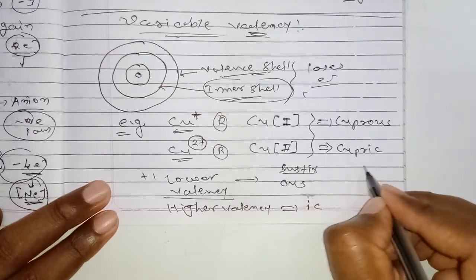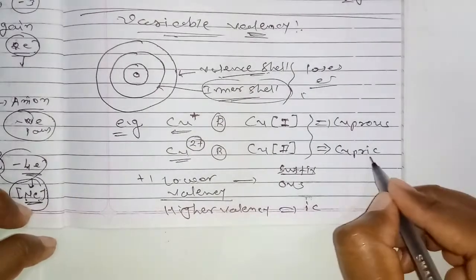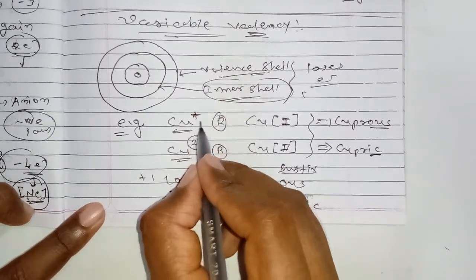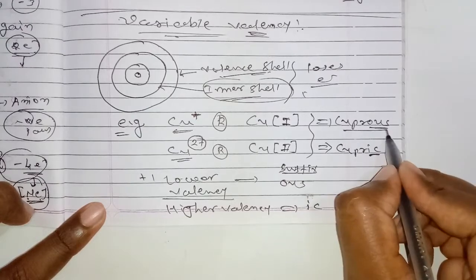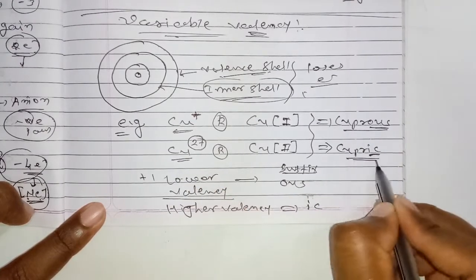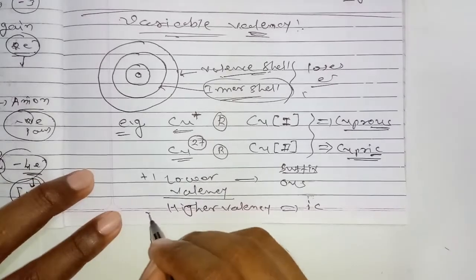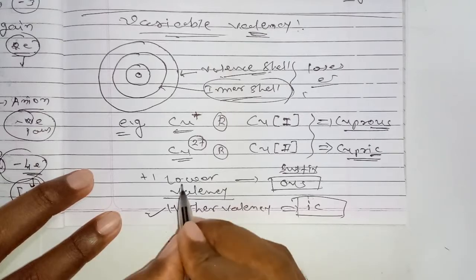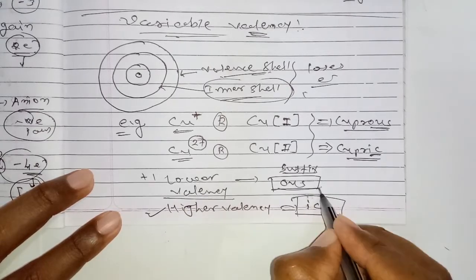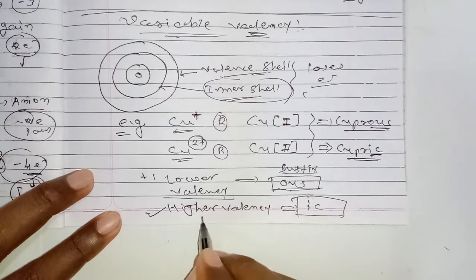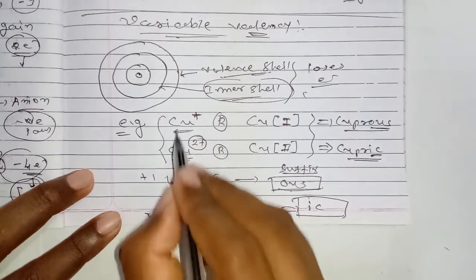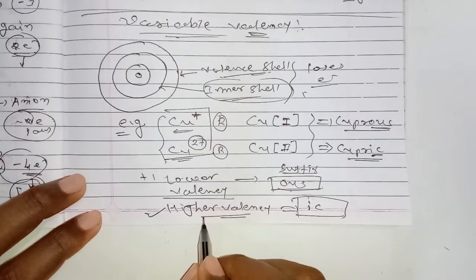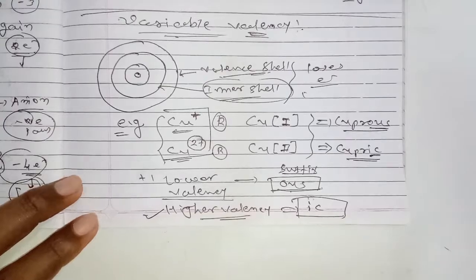So Cu plus is named cuprous, and Cu2 plus is named cupric. Please remember these things. When the valency is lower, the suffix will be OUS, and for the higher valency of the same element, the suffix is IC.